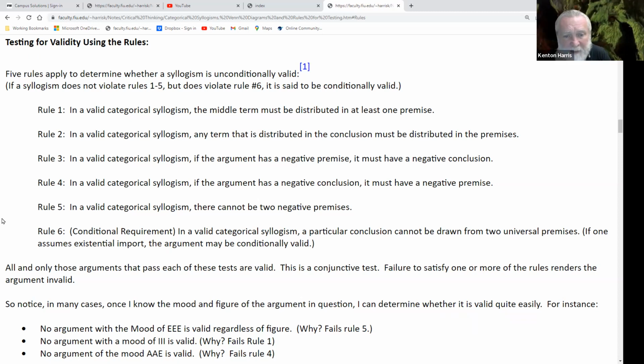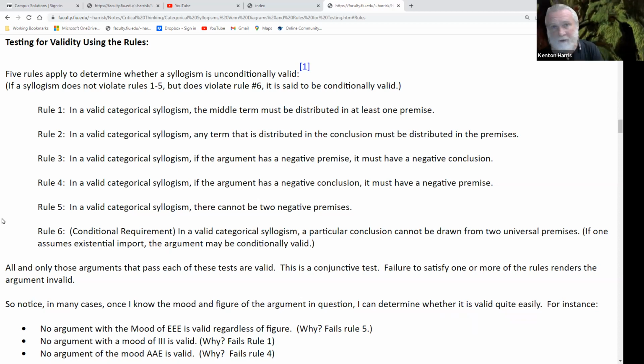Number 5, in a valid categorical syllogism, there cannot be 2 negative premises. Right? So as soon as I see a syllogism with EE as the premises, any mood that begins EE, I don't even have to look any further to know that it violates rule 5. Or EI, no, EI is not a problem, but EO would be a problem, or OO would be a problem, right?